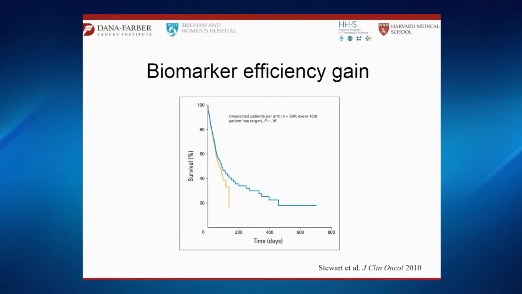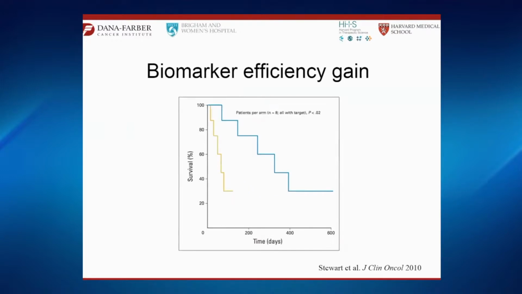So if you just run this unselected population in a trial, you would have 334 patients on each arm, and you'd have by traditional measures an insignificant p-value, even though you've enrolled all those patients. If you could select those patients, though, you'd only need 16 total patients and you'd get a positive study. So this is the big signal in a small biomarker frequency population, which is the dream of biomarker-directed therapy or precision medicine.